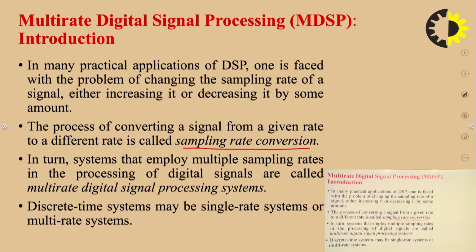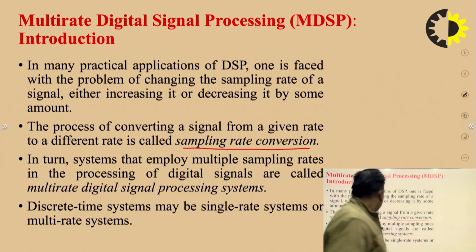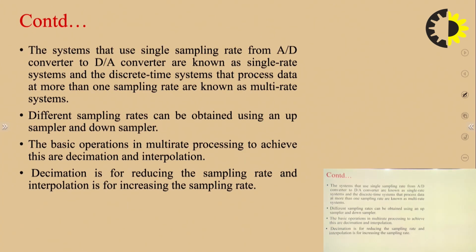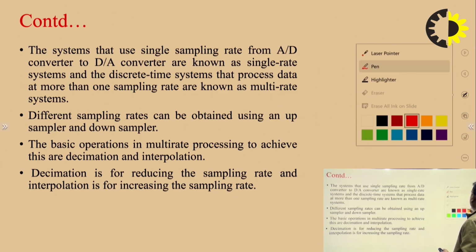Multi-rate systems allow multiple sampling rates. The systems that use a single sampling rate from the A to D converter to the D to A converter are known as single rate systems, and the discrete time systems that process digital data at more than one sampling rate are known as multi-rate systems.